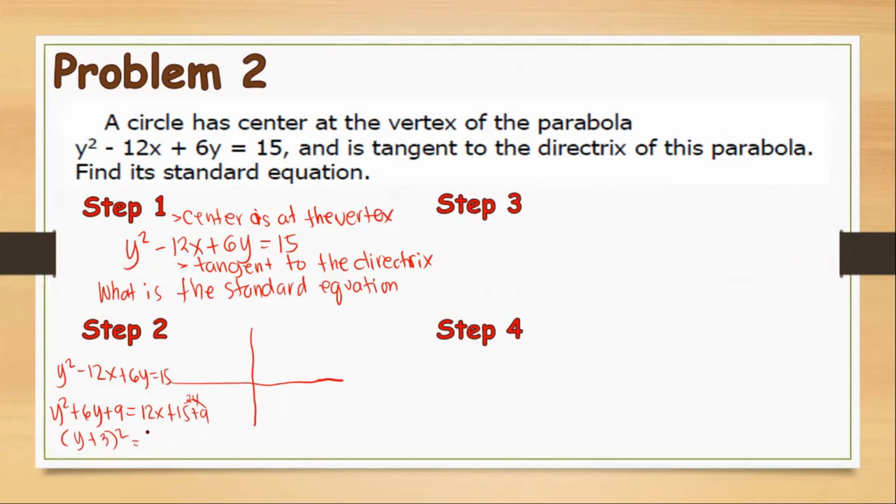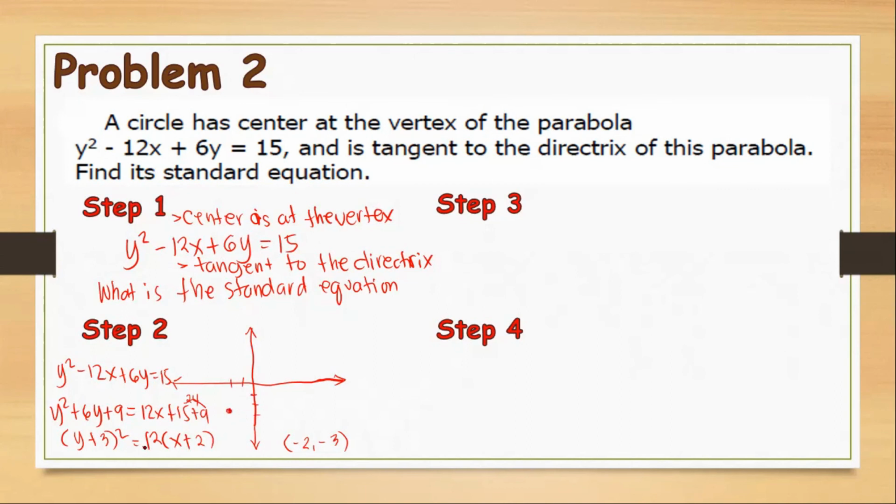So if we are going to factor that out, that's 12 times x plus 2. Now we can find the vertex of our parabola, and at the same time it is the center of our circle. The vertex will be at negative 2, negative 3. So it's here. This will be the vertex.